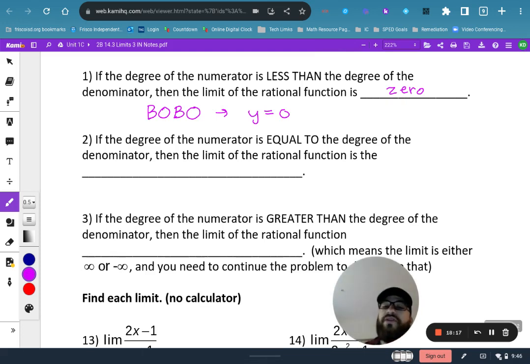And then number 2, if the degree of the numerator is equal to the degree of the denominator, then the limit of the rational function is whatever our coefficients are divided.